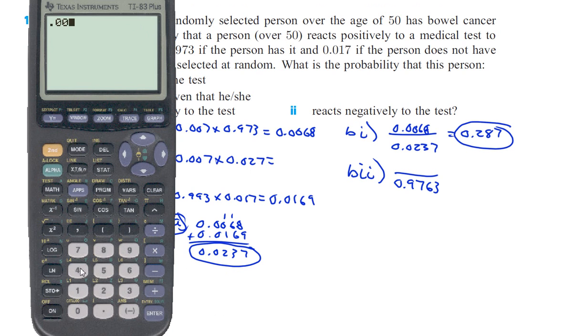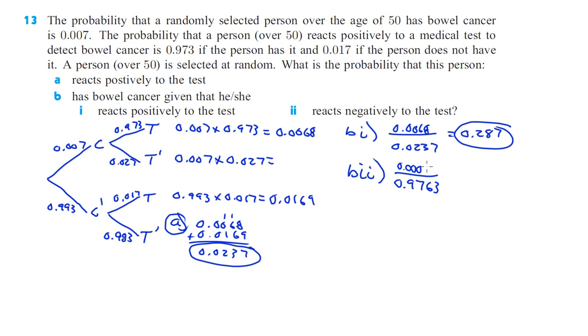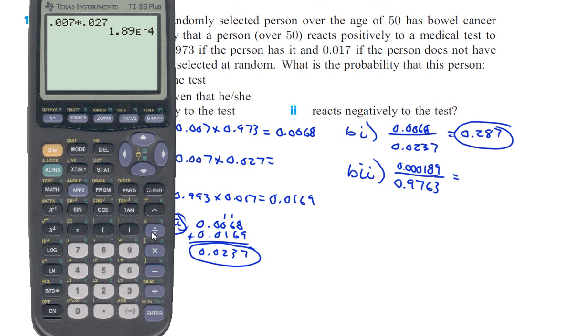Okay, 0.007 times 0.027 gives us, wow, got to move that decimal back over 4 spots. So 1, 2, 3, 4. Got 3 zeros and a 189.